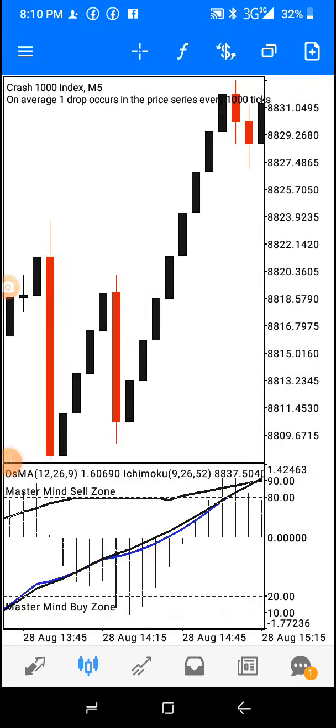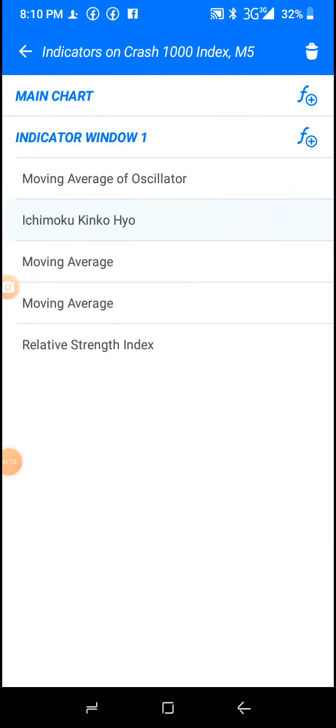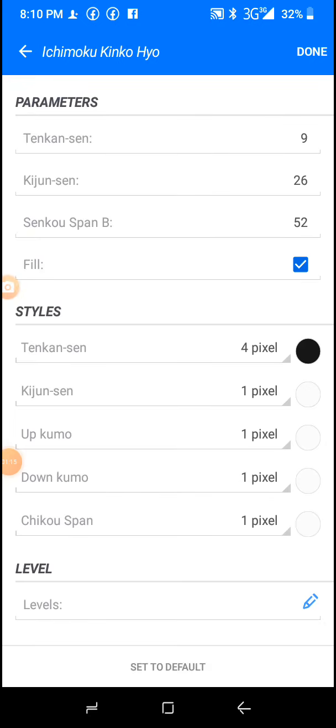And the next one we have is the Ichimoku Kinko. For the Ichimoku we have the Tenkan Sen, which is 9, the Kijun Sen, which is 26, Senkou Span B, which is 52, and then the fields you just stick to.